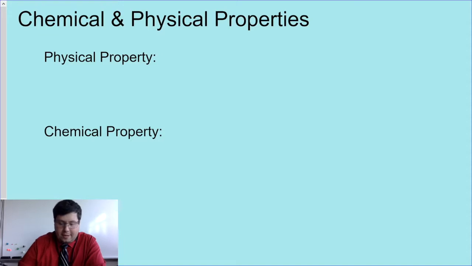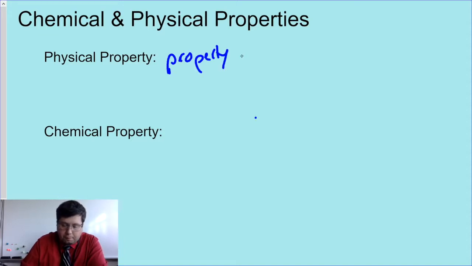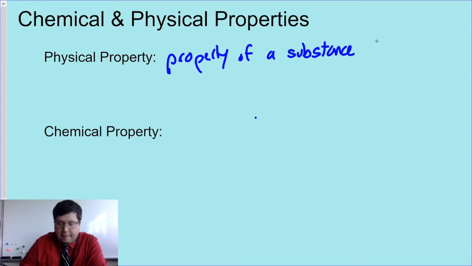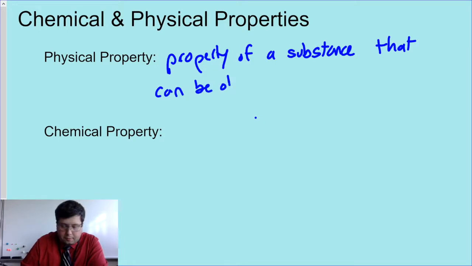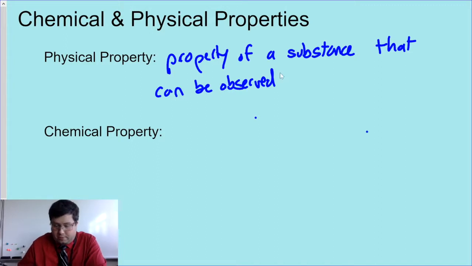A physical property is a property of a substance that can be observed without changing its composition.